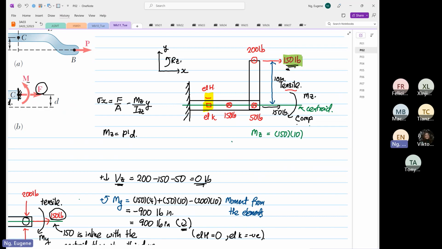Remember, the 150 is parallel to the centroid.